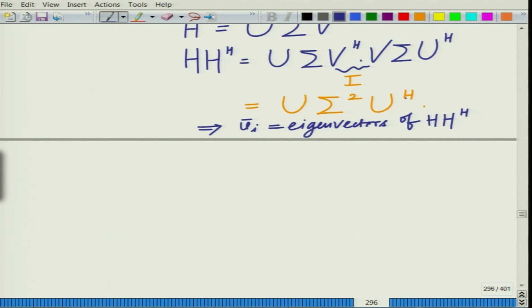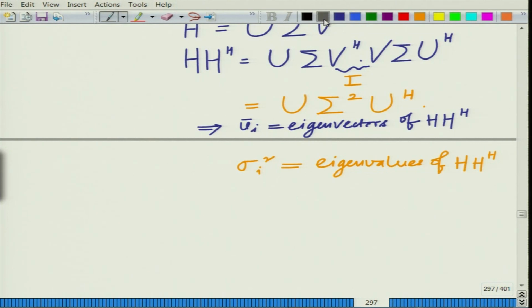You can clearly see this is the eigenvalue decomposition, and sigma square, the diagonal elements of the matrix sigma square, these are the eigenvalues of H H Hermitian. That is, the square of the singular values of H are the eigenvalues of H H Hermitian, or you can also say that the square root of the eigenvalues of H H Hermitian are essentially the singular values of the matrix H. Okay.